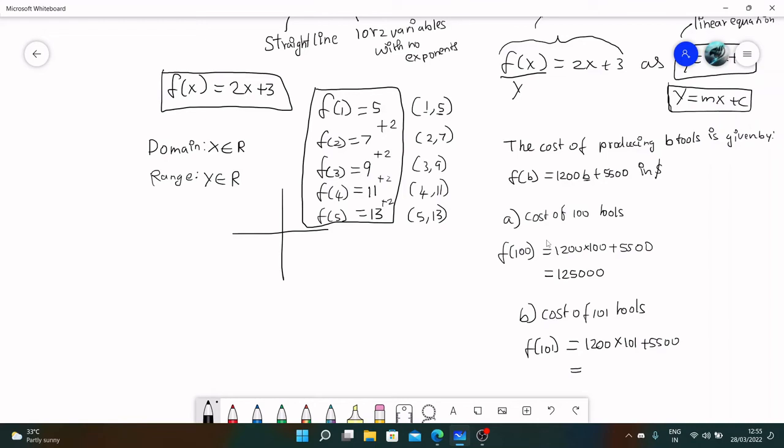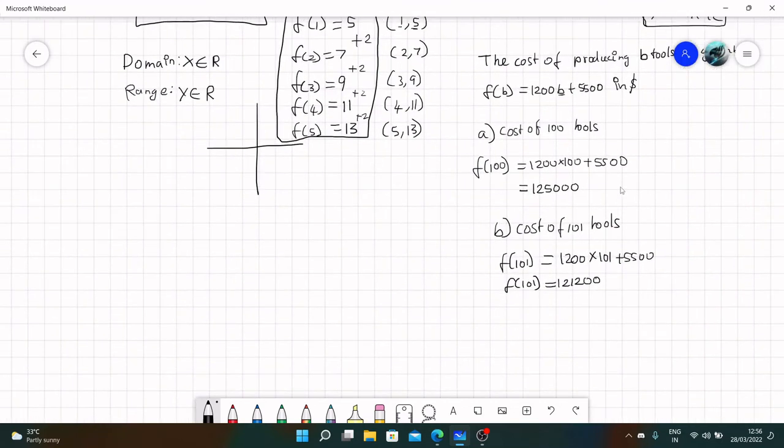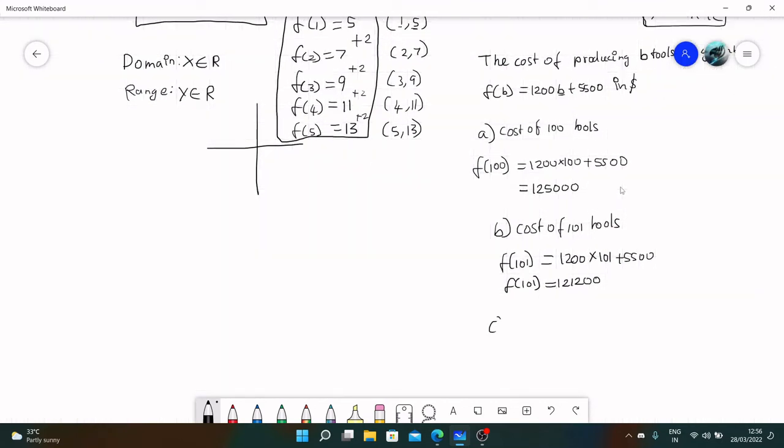That would give you 121,200 plus 5,500. So that's your f of 101. Now, the next part of the question wants us to find the slope.